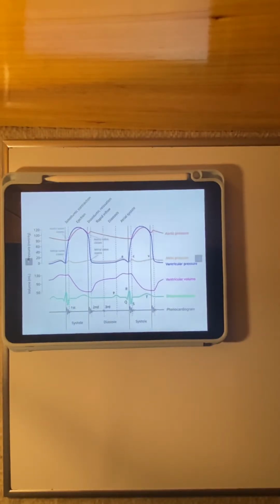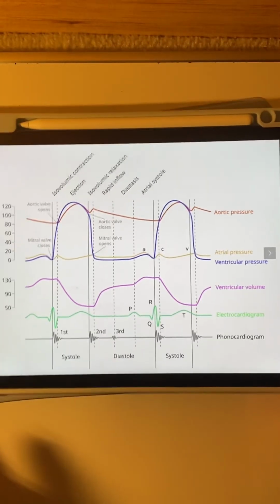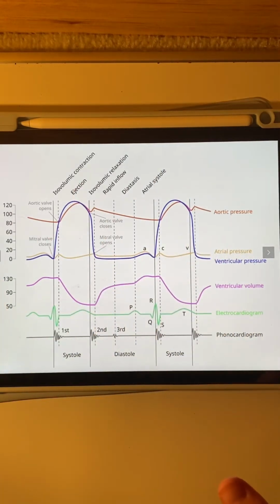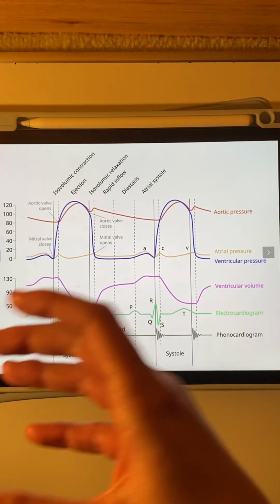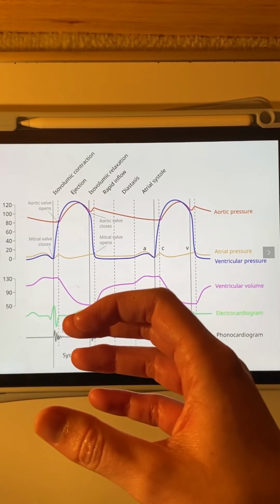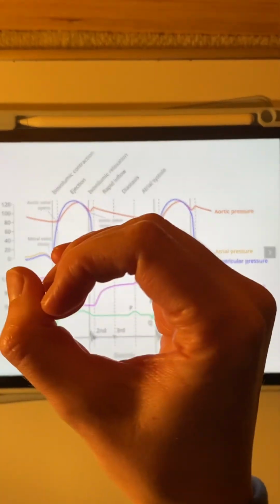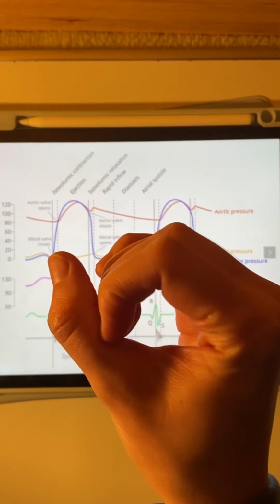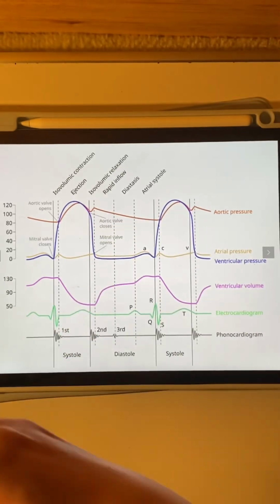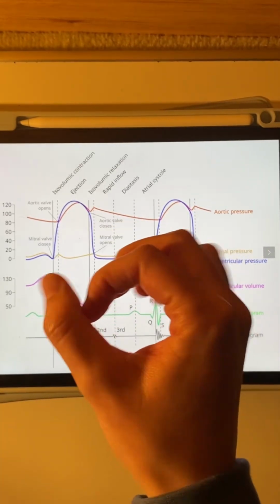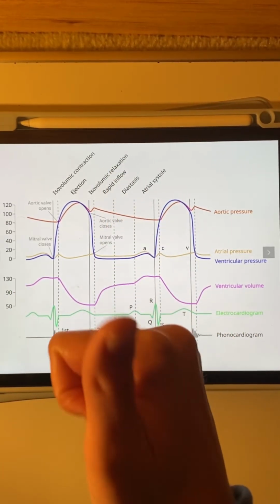So the first thing that we can talk about is how this is going to affect Wiggers. If we decrease the lumen size of a blood vessel, we're going to increase our blood pressure, because it's kind of the same as vasoconstricting, but there's a blockage here instead of actual vasoconstriction happening. Because of this blockage, less blood is going to be able to pass, so we're going to increase our blood pressure.